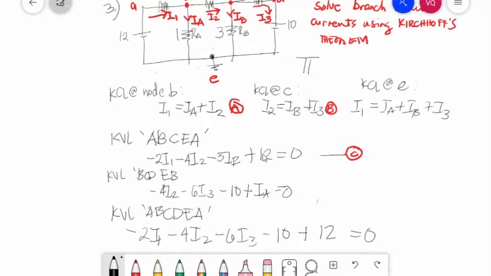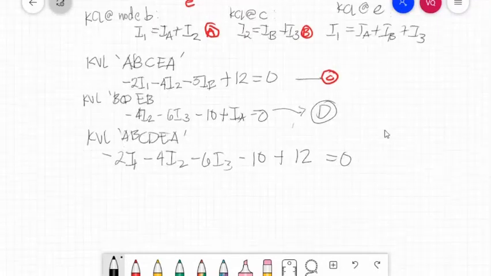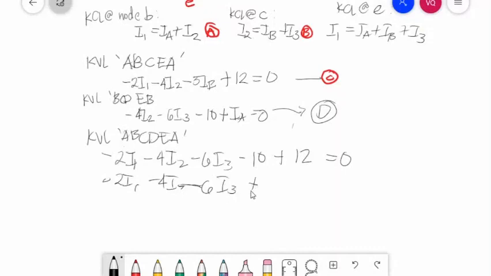So, simplifying this, this is my equation D pala. Negative 2I1 minus 4I2 minus 6I3 is equal to negative 2 volts.